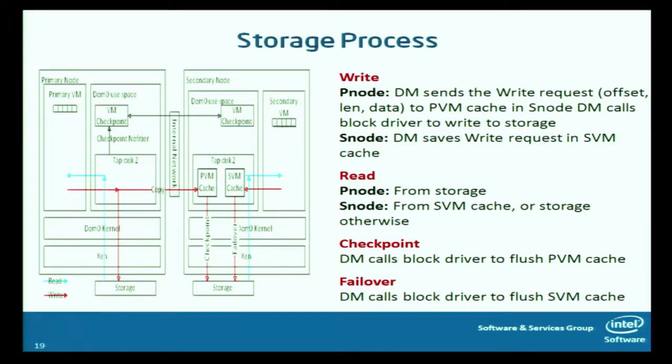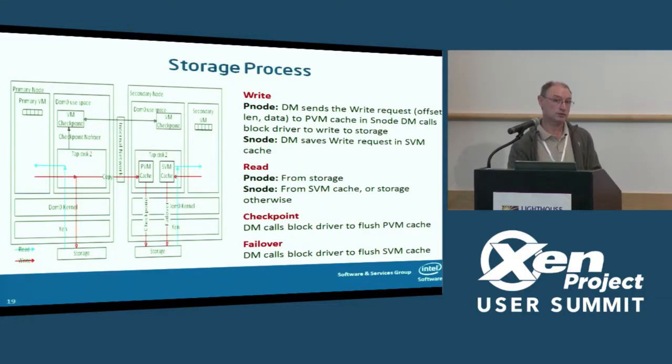The secondary machine, when it writes, also writes to a cache, but it's the secondary's cache. So neither of these are going to the secondary disk. And when the secondary reads, it checks the cache first, and then it'll go to the disk. And that way, we don't mess with the data on the secondary disk. It matches the state of the last checkpoint from the primary.